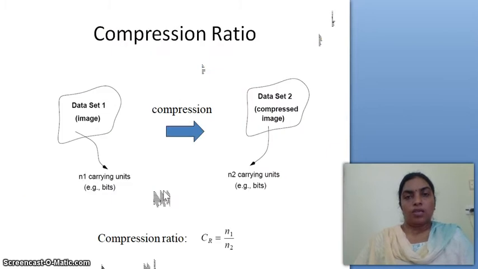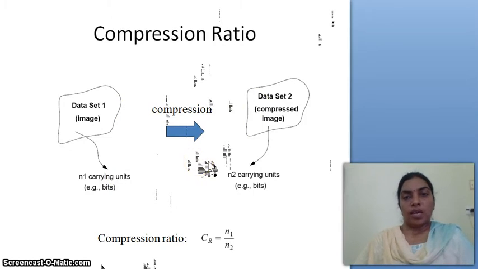Okay, now see this compression ratio. Compression ratio is a very important performance metric for compression, right? By calculating this compression ratio, you may know how much compression has to be done here.